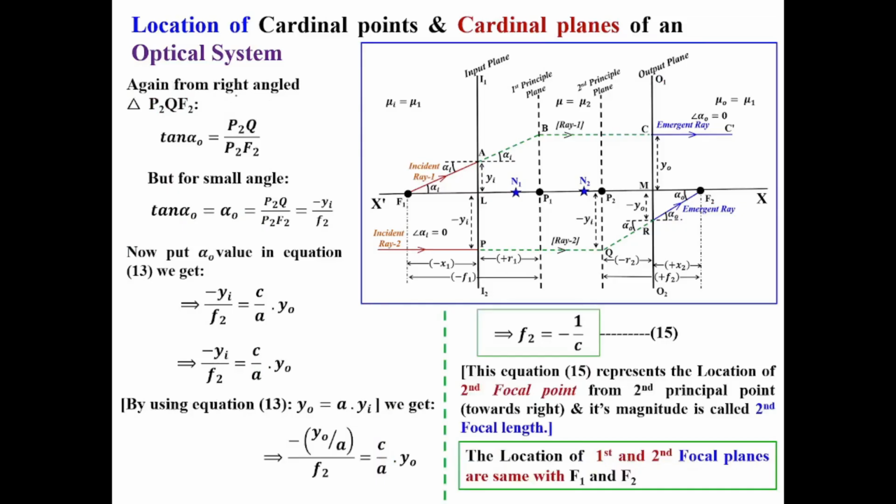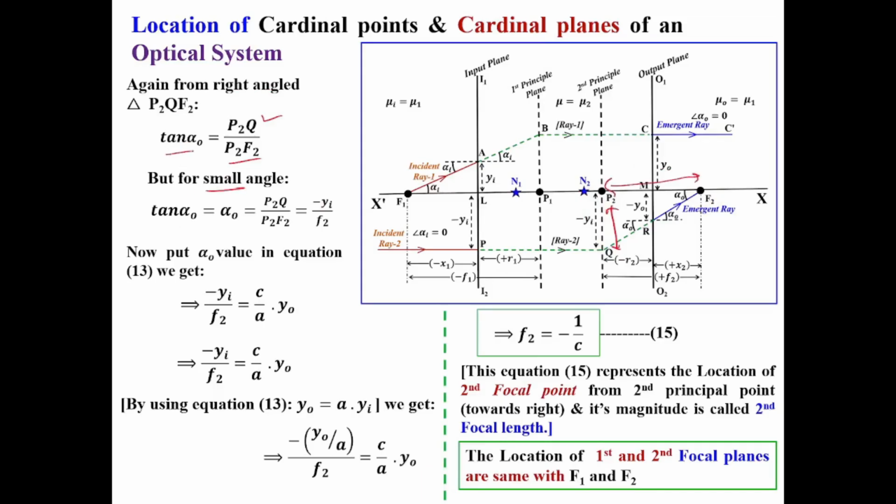Again consider the right angle triangle P2QF2. For this triangle, this is your 90 degree and this angle is your alpha O. Consider tan alpha O for this right angle triangle. We can find this height by this length, that is P2Q by P2F2.